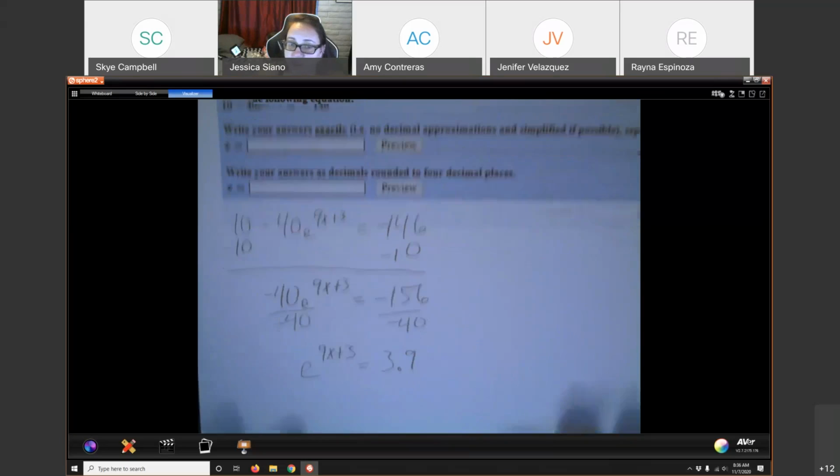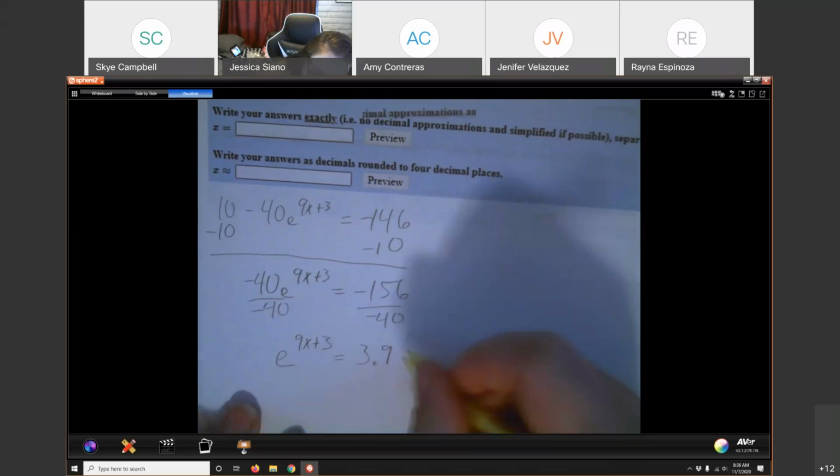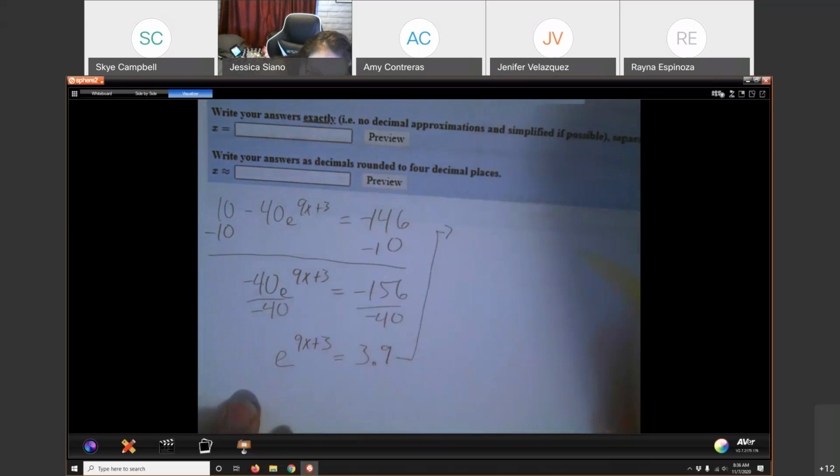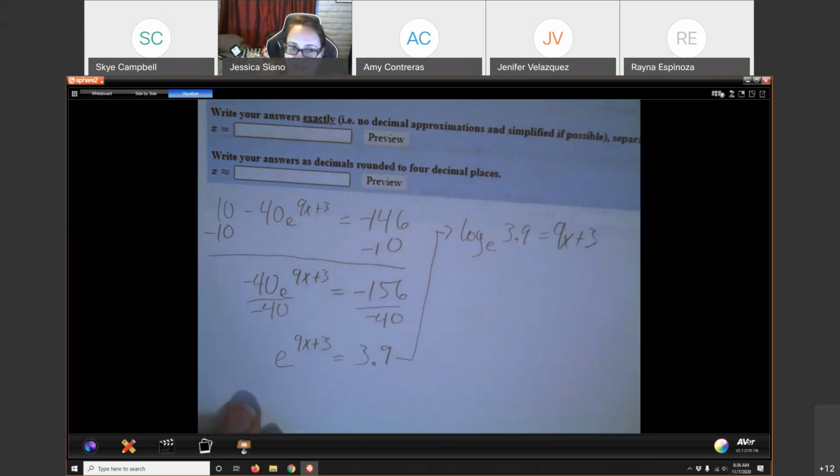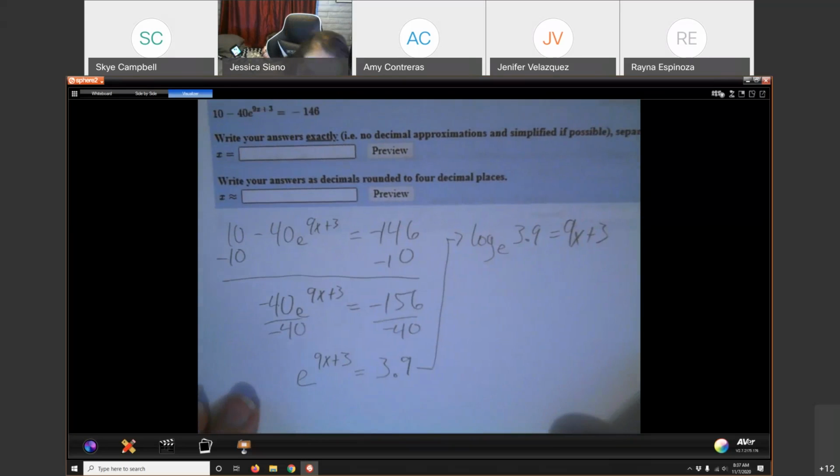Okay. Now we're going to convert this into a log. This would be log with base e of 3.9 equals 9x plus 3. But we don't write log with base e. Log with base e is ln.